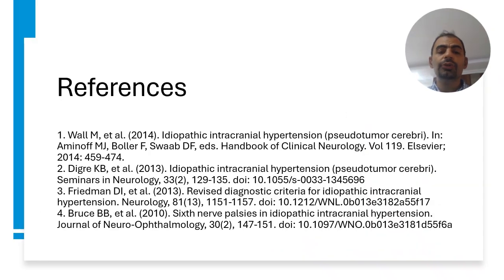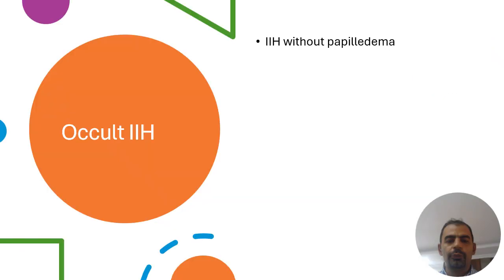These are some useful references about the ocular manifestations of the IIH. Please remember that we mentioned that 90 to 95% of patients with IIH will present with papilledema. However, there is a subgroup called the occult IIH, which is IIH without papilledema.